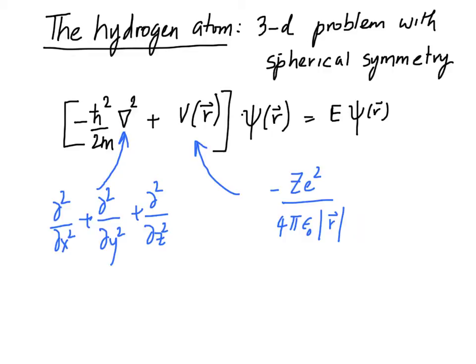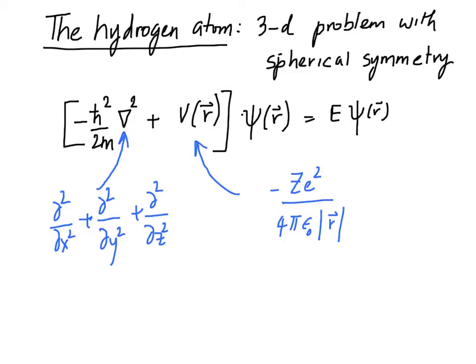So negative indicates attraction, Z is the atomic number, and epsilon naught is the permittivity of free space, right? And note that because of spherical symmetry, the denominator has the modulus of r. What really matters from the point of view of this Coulomb interaction, attractive interaction, is just the distance between our electron and our nucleus.